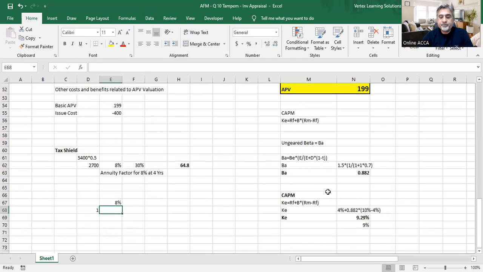I'm using 1 divided by 1 plus 8%, and I'll take power 1. And this is my year 2, year 3, year 4. I'm just quickly calculating myself. And I'll take this number as power 8%. 8% is F4.